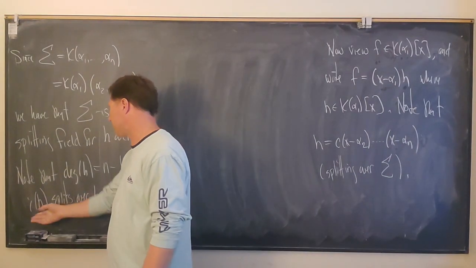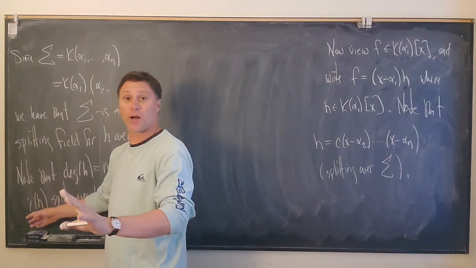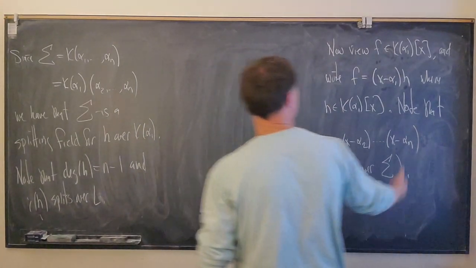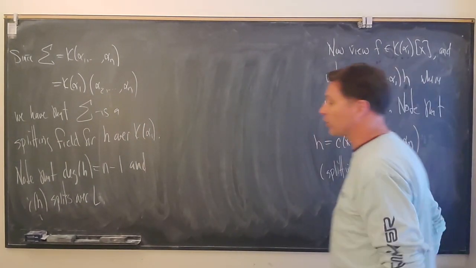Well, it's because I of f splits over L, so of course I of h, this remnant right here, has to split over L as well.